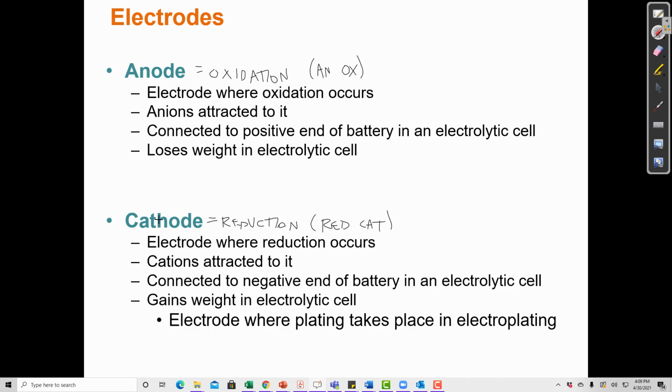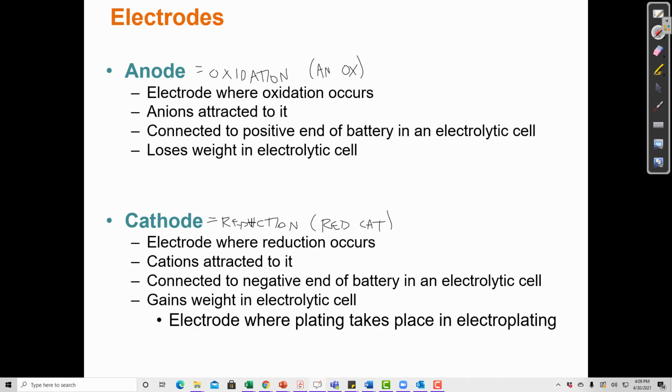And the cathode is where reduction occurs. And remember that reduction is when a compound gains electrons. So they're lost from the anode, which is oxidized. The electrons travel to the cathode, where reduction occurs.